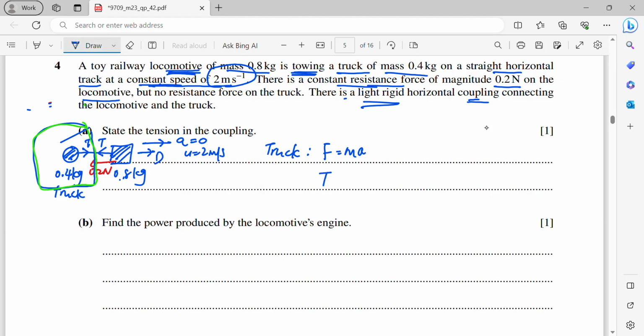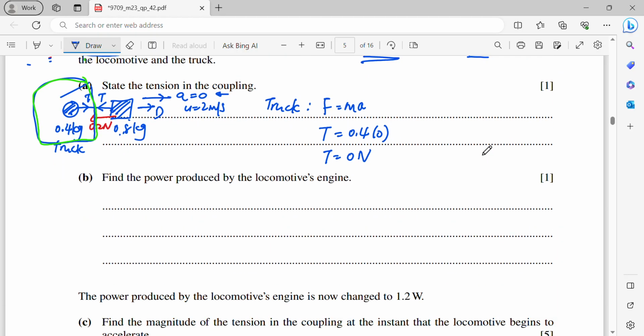So F is tension, m is 0.4 because we just consider the truck, and a is going to be 0 because of the constant speed. So my T is going to be 0 Newton. That is the tension in the coupling. You can refer to the truck, or the locomotive, or the whole system. So we have three methods to solve the tension.